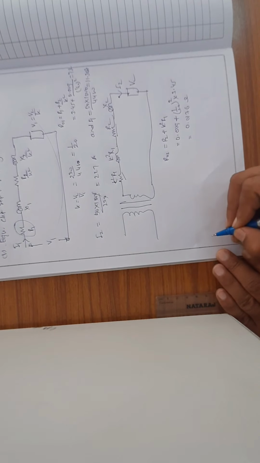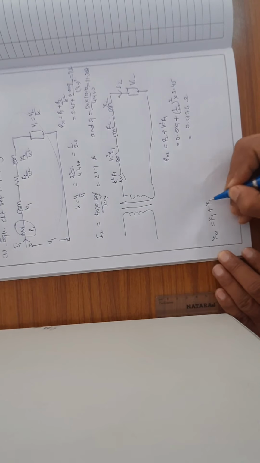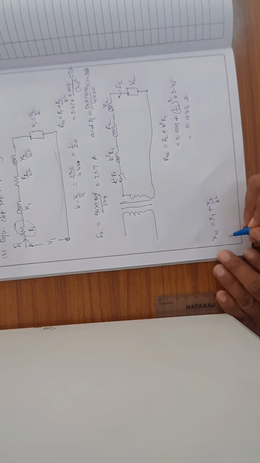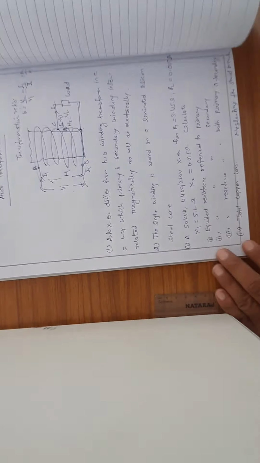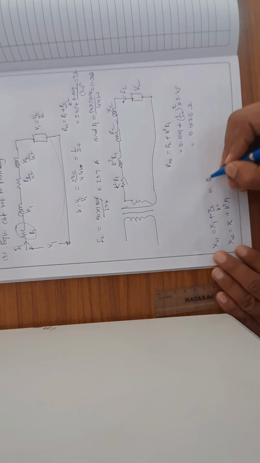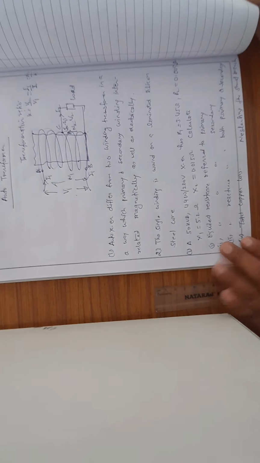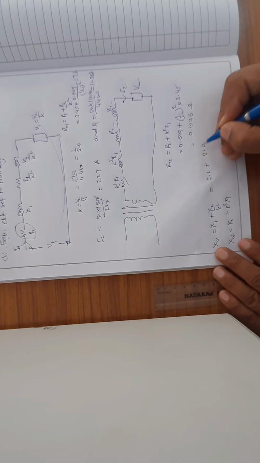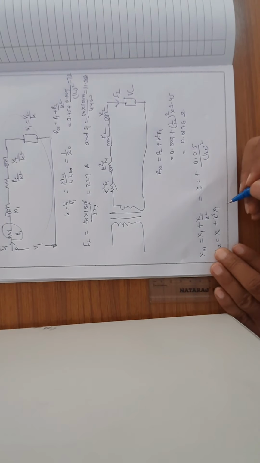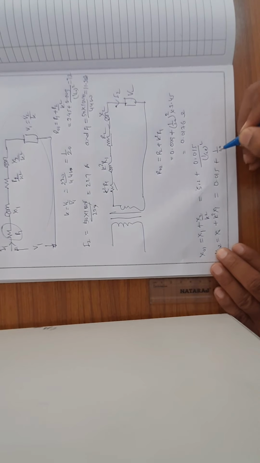And reactance referred to primary, X01 equal to X1 plus X2 upon K square, and referred to secondary side, X02 equal to X2 plus K square X1. X1 is 5.2 plus X2, 0.015 upon 1 by 20 whole square, and this is 0.015 plus 1 by 20 whole square into 5.2.